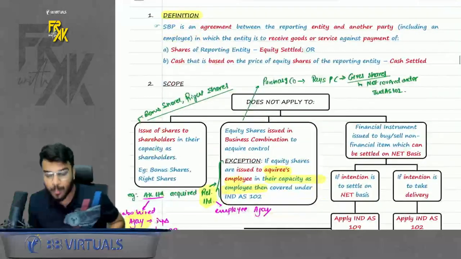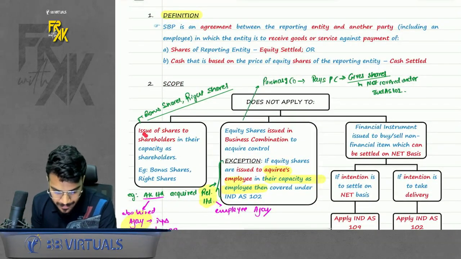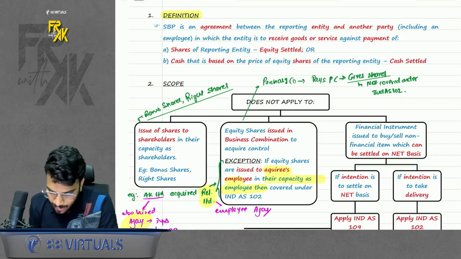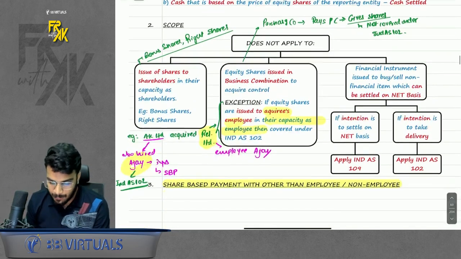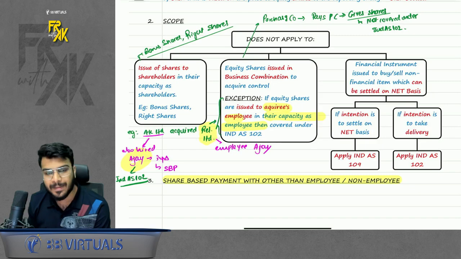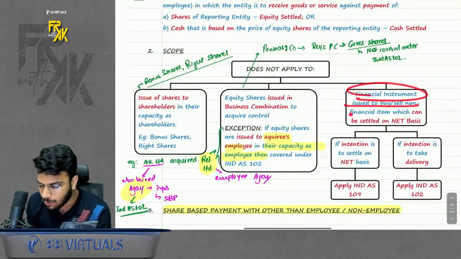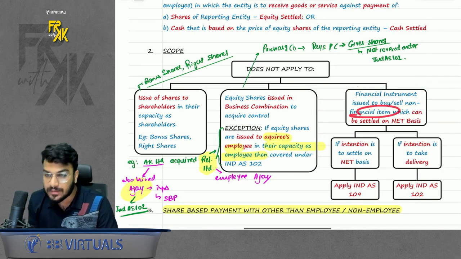Then the next point is scope. What is the meaning of scope? A few issues of shares are not covered here. For example, if you are issuing shares to your shareholders, like bonus shares or right shares, they are not covered here. If you are issuing shares as purchase consideration, not covered here either. But if you are giving shares to the employees of the selling company for being in employment, then it will be share-based payment. Apart from that, suppose you enter into a contract of exchange where you exchange a non-financial item for your shares.